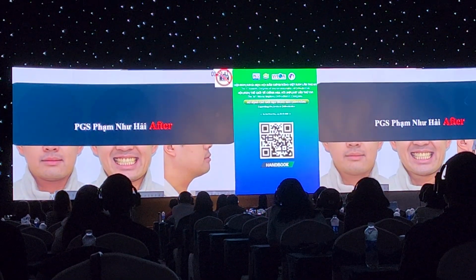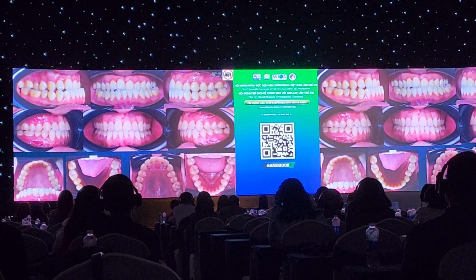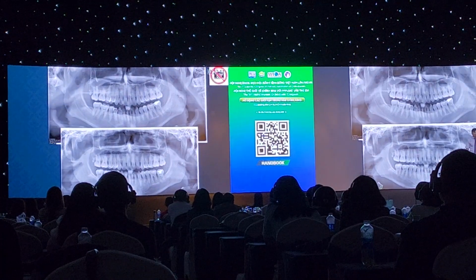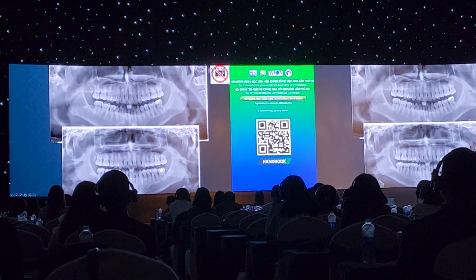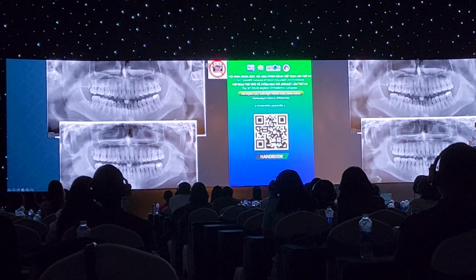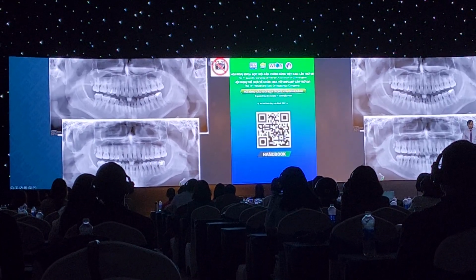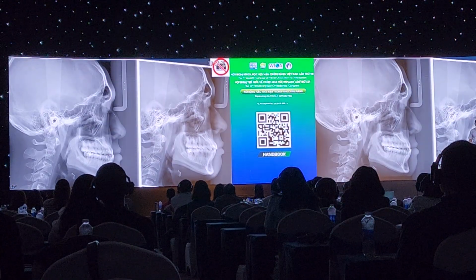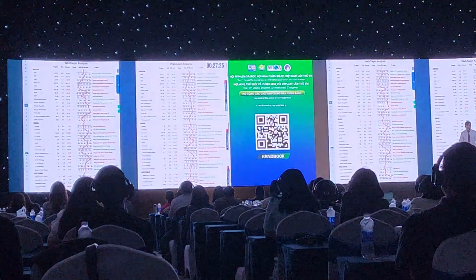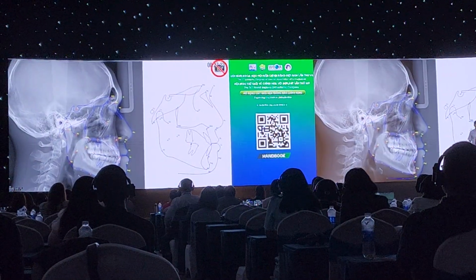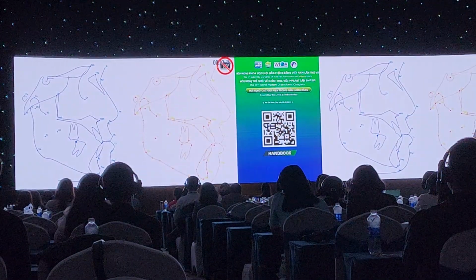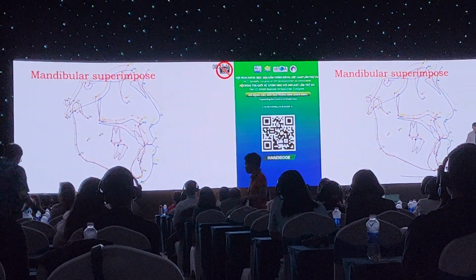The face and the teeth, before and after. Panorama: if you see the space behind the second molar, it's very narrow. That means I extruded the molar. I do the superimposition, and then extract the tracing, superimpose manually.